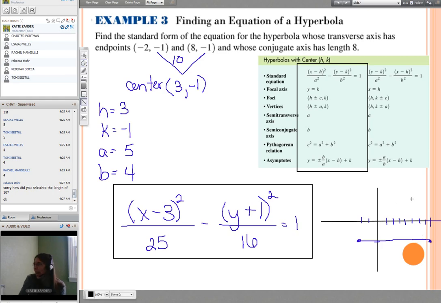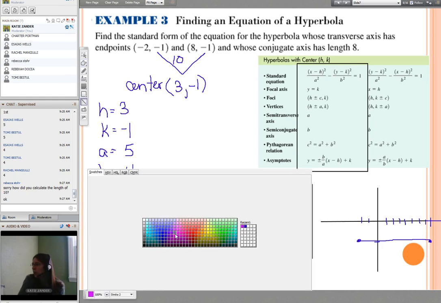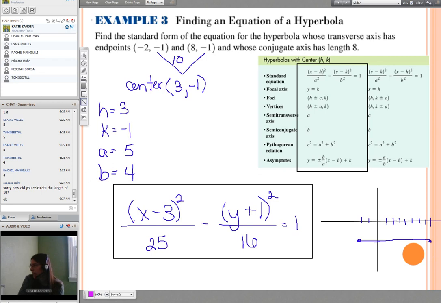Then the conjugate axis would be right through the middle of this transverse axis, so right in the middle is this (3, -1) point. There's the exact middle. It splits that transverse axis into 2 equal parts. Now this would have a length of 4 on the top and 4 on the bottom. Obviously I didn't count those out accurately, but that's where that conjugate axis would appear in the graph.